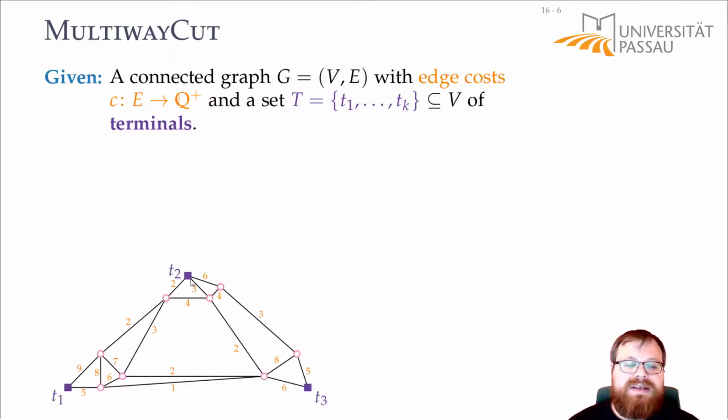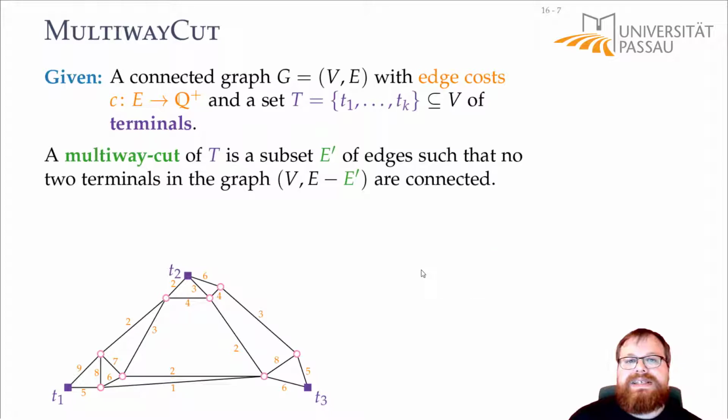In this example, I picked these three corners as the terminals, and just to show the connection to what we had in Steiner tree, I marked the other vertices as pink circles like we had for the Steiner vertices. And now we want to find a multiway cut. A multiway cut of this terminal set is a subset of the edges of this graph, such that no two terminals are connected.